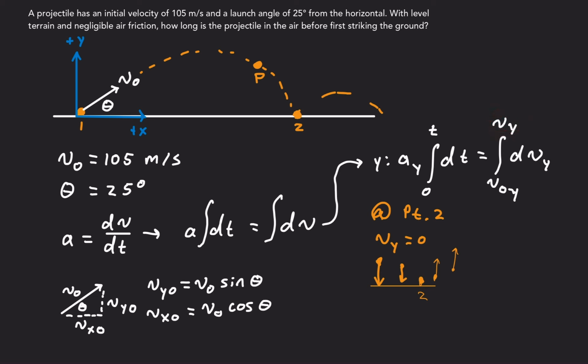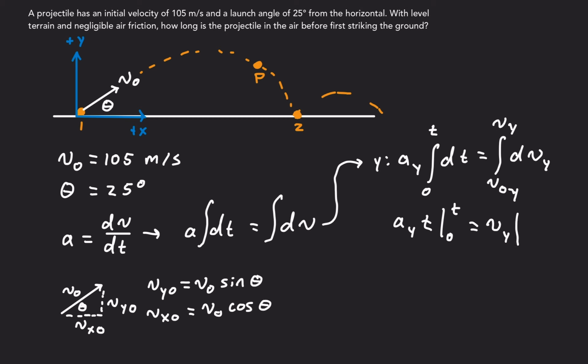If we solve this integral, I'm going to erase this. It's going to be equal to ay times t minus 0. I'll rewrite it. Ay times t evaluated from 0 to t equals vy evaluated from v naught y to vy.